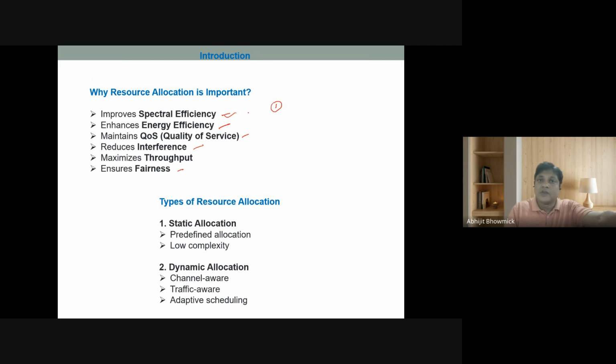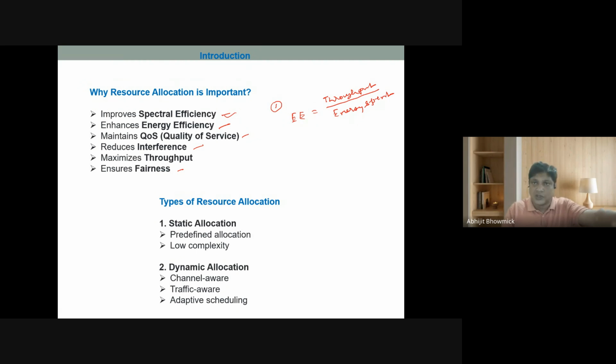Now, what is energy efficiency? Energy efficiency is basically throughput divided by energy spent. What is throughput? Throughput is the successful transmission of bits, the number of bits from transmitter to receiver per unit time per hertz.